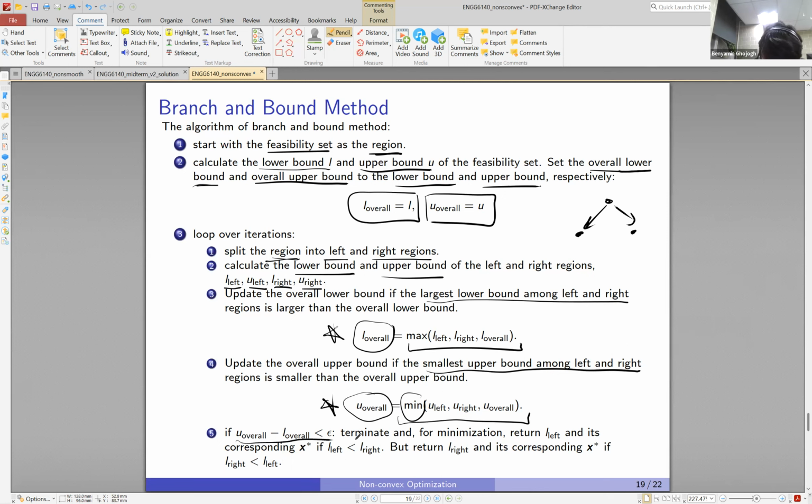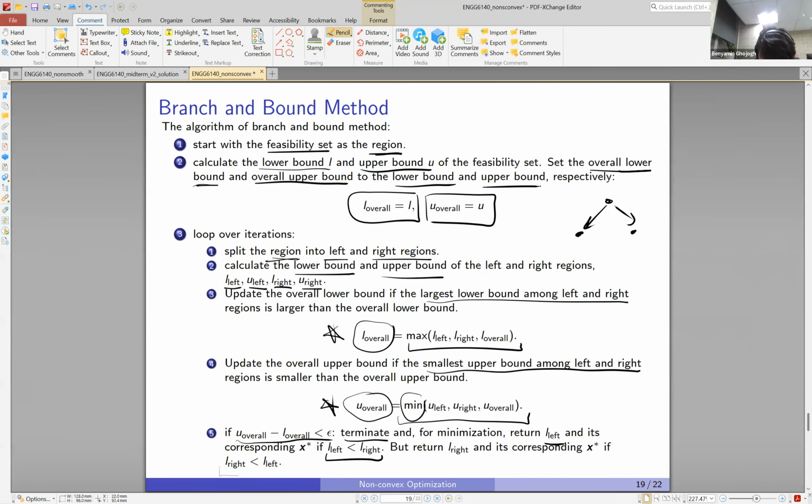If this happens, terminate. And after termination, if it is minimization, return L left. If L left is less than L right, lower bound of left region is less than lower bound of right region, return L left.